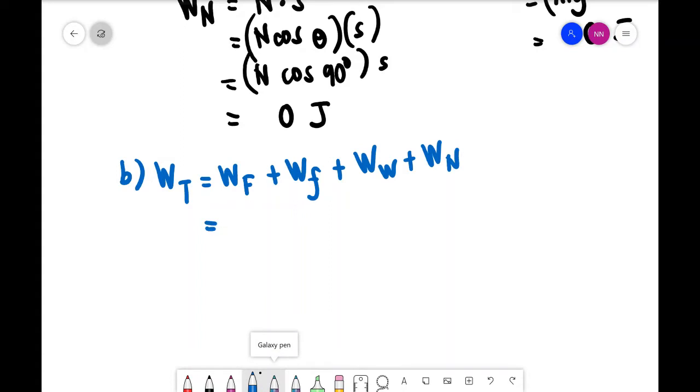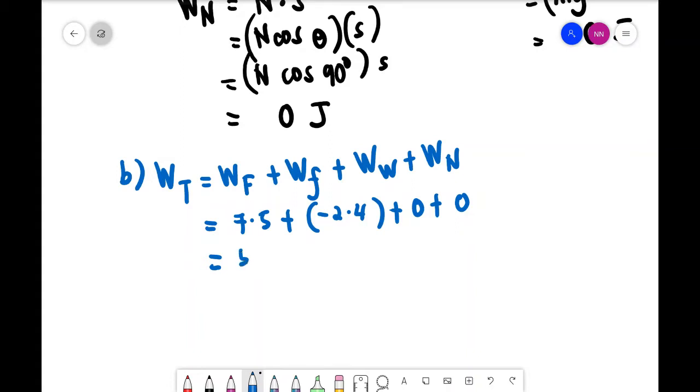The work done by the force is 7.5 joule, friction is negative 2.4, weight is 0 and normal is 0. So the total work done equals 5.1 joule.